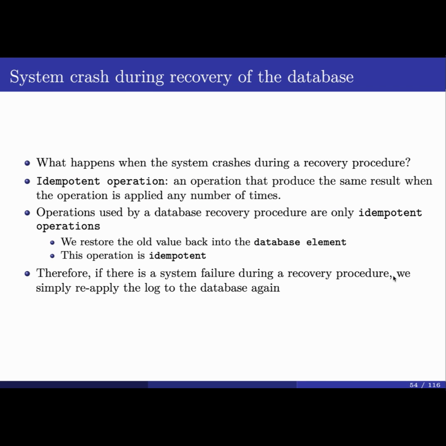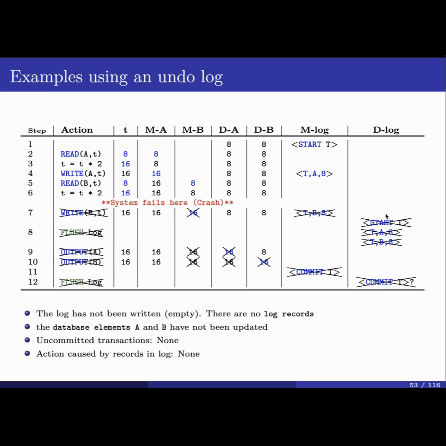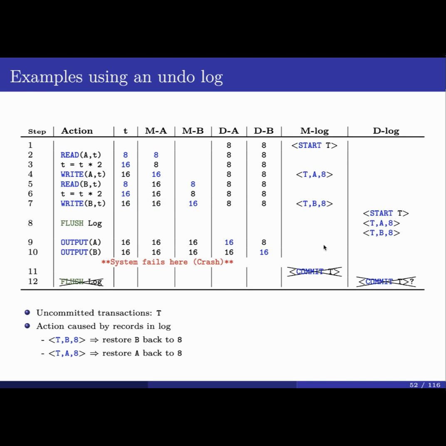What happens if, for example, you try to recover from the crash, and the system crashes again and again and again? It doesn't hurt. Remember, we can say this is idempotent. If I did this 1,000 times, would it affect me? No, because I always restore the value of B back to the previous value and restore the value of A back to the previous value.